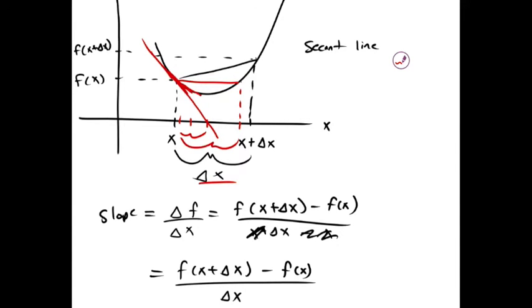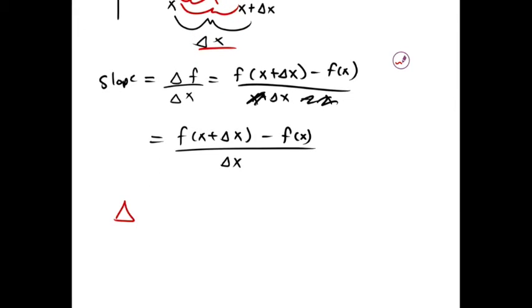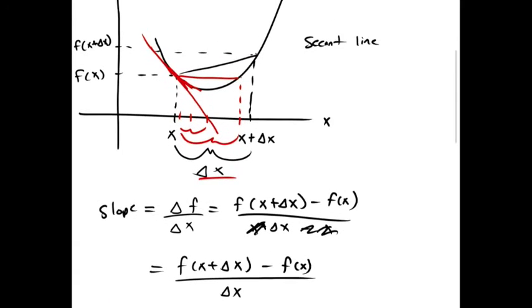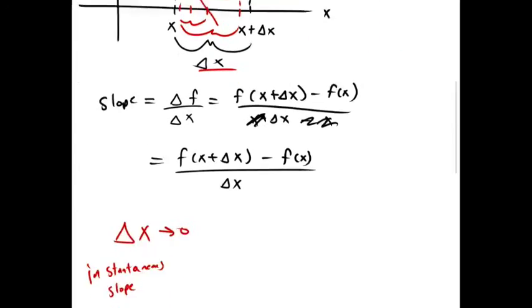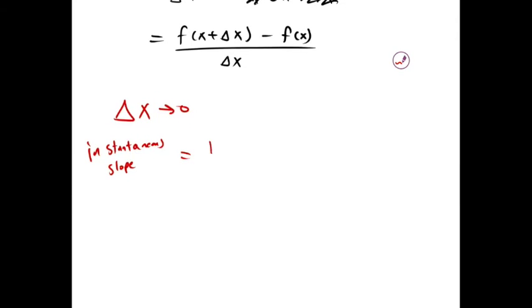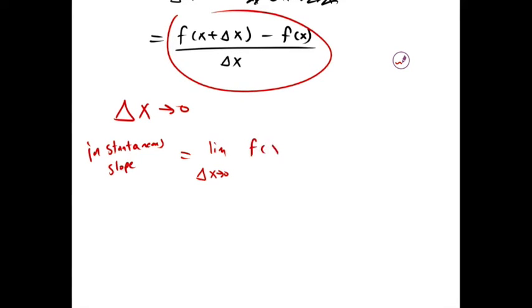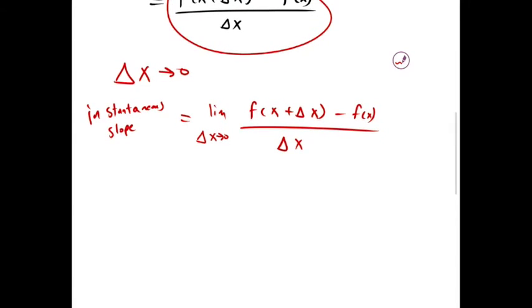As delta x gets smaller and smaller, or we could say delta x is approaching 0, we get our instantaneous slope. Now it's no longer a secant line, now we have a tangent line. This slope is the limit as delta x approaches 0 of f of x plus delta x minus f of x, over delta x.